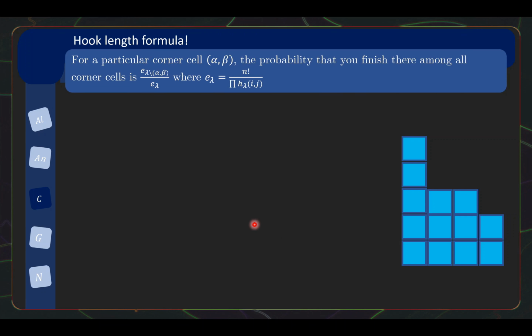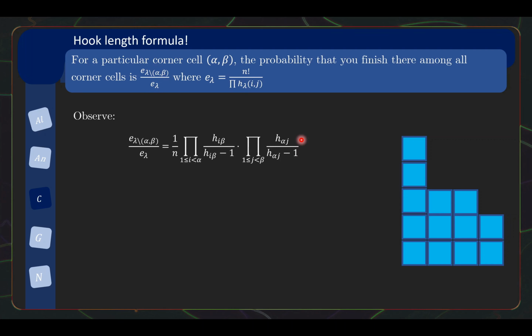So in other words, we have reformulated and simplified the problem to the following. Show that for a particular corner cell alpha, beta, the probability that you finish there among all corner cells is given by this expression, where E is given by this formula. Let's simplify things a little bit, because this ratio has many terms that cancel out.